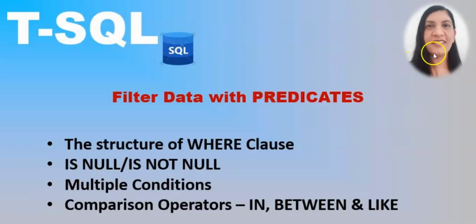Now let's get started. So what are predicates? Predicates are the conditions which we use with the where clause. The where clause is made up of one or more search conditions, each of which must evaluate to true or false or unknown for each row of the table. Rows will only be returned when the where clause evaluates as true.